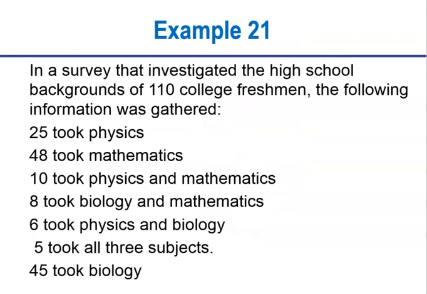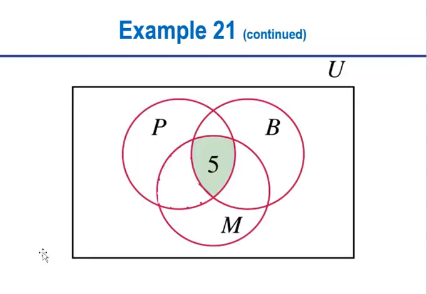Notice, if I highlight, it says 5 people took all 3 subjects. If you know information about how many fit in the intersection or in the center, if you have 3 different sets represented, start in the center.